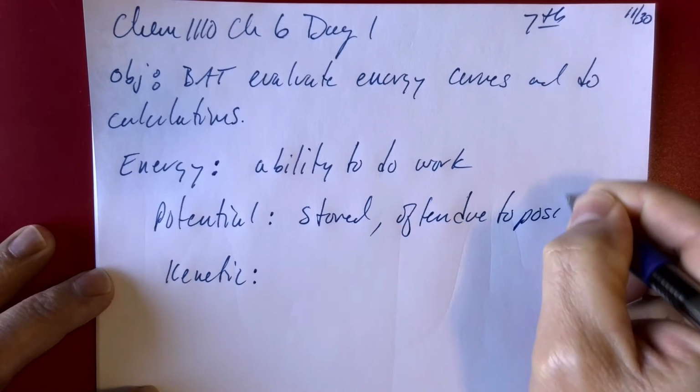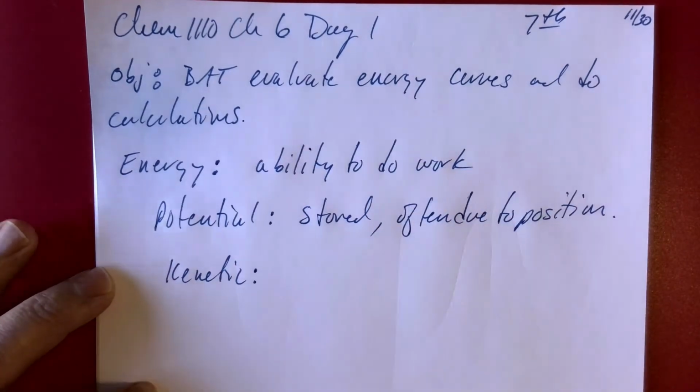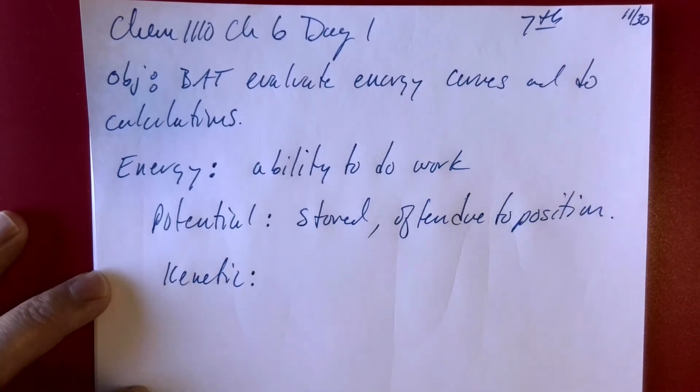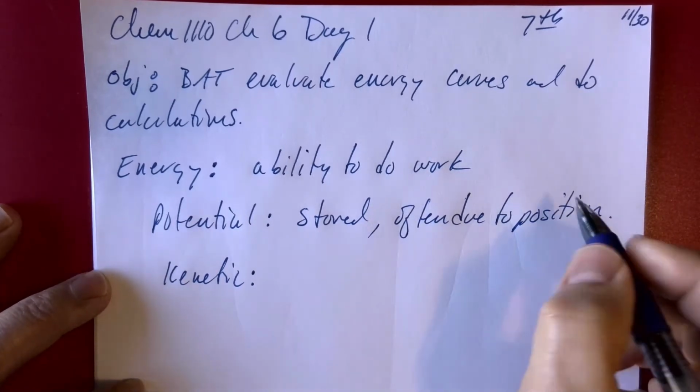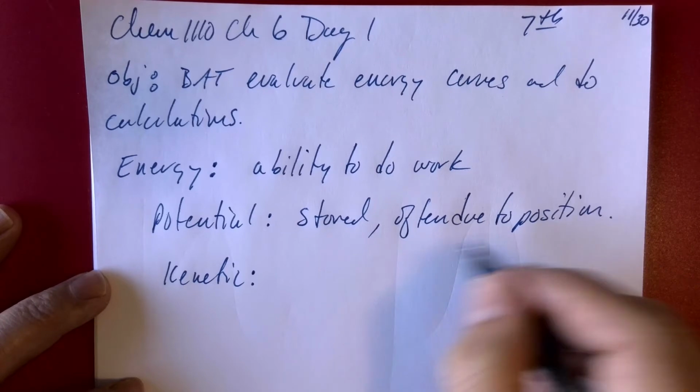So this is the rock analogy that they've used since the beginning of time. Every chemistry class I've ever taken has always used the rock at the top of the hill for the potential energy, and I think that they actually used that in the textbook, didn't they?